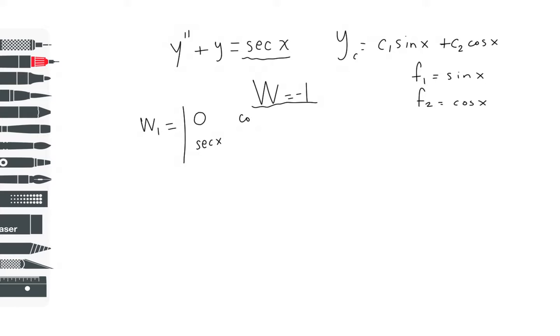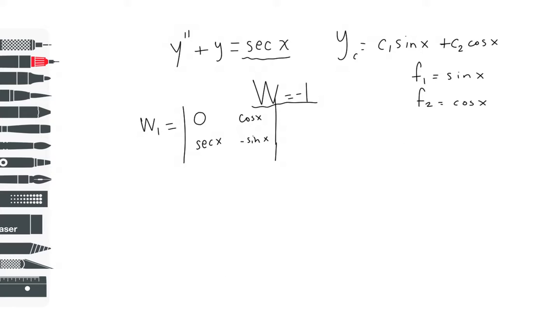So f2 is cosine of x, and then we have negative sine x. Once you compute the cross product, you get 0 minus cosine of x times secant x. If you simplify secant x to 1 over cosine x, you just get negative 1. So W sub 1 is equal to negative 1.